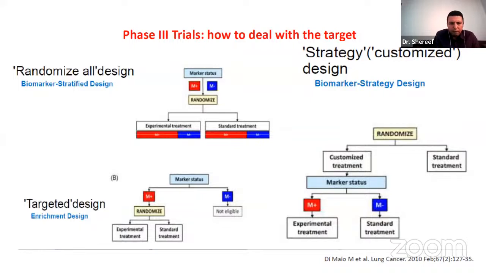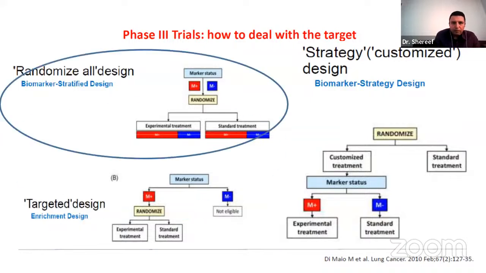Let's look at the first one, which is testing for all comers. What does it mean? You are recruiting patients, you are testing for the biomarker upfront, and patients are randomized. And then after randomization, you are comparing the experimental versus standard arm as a whole, and then you look at the comparison in the patients having the biomarker versus patients who are not having the biomarker.